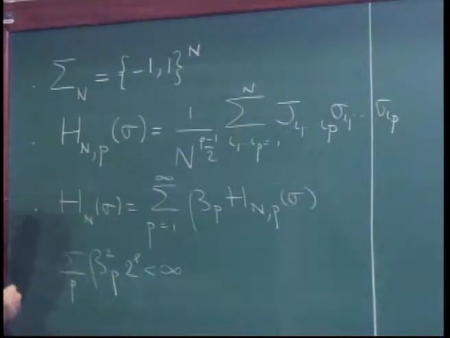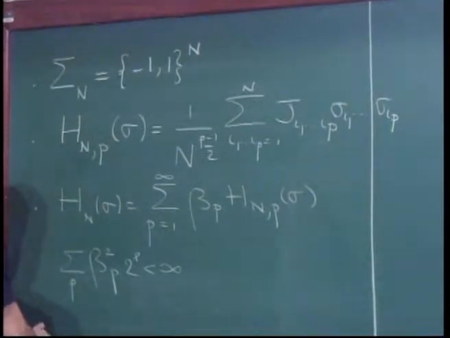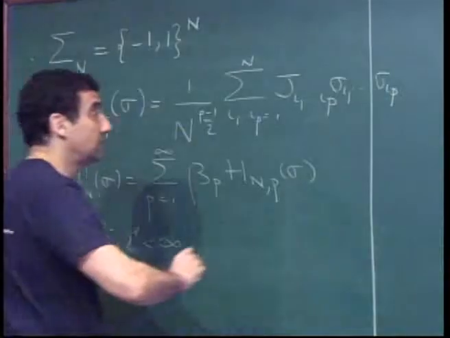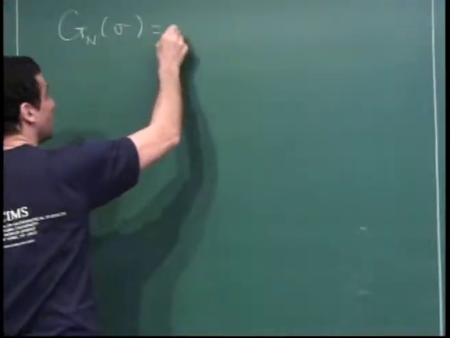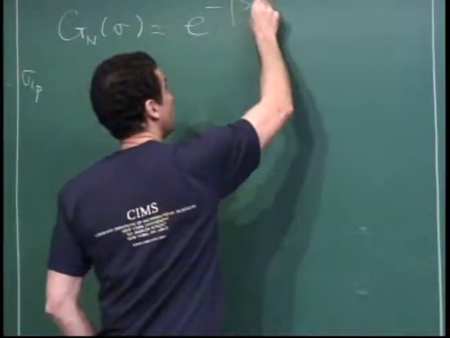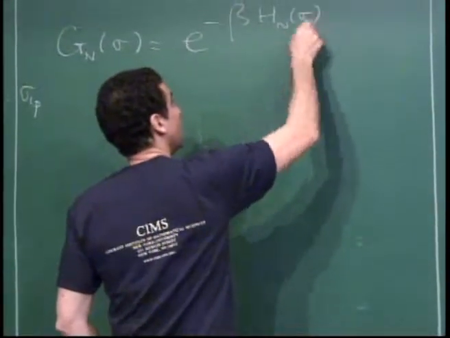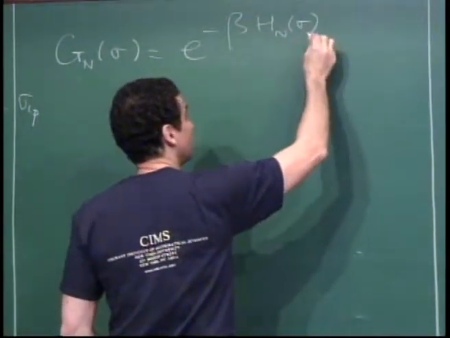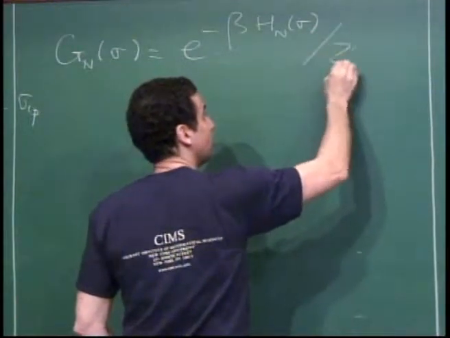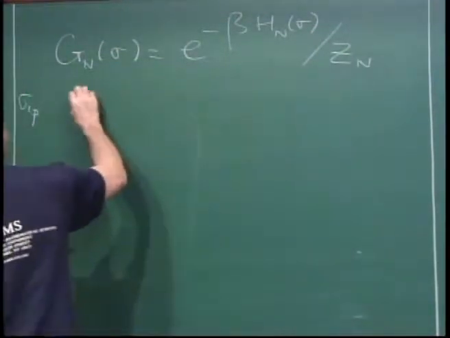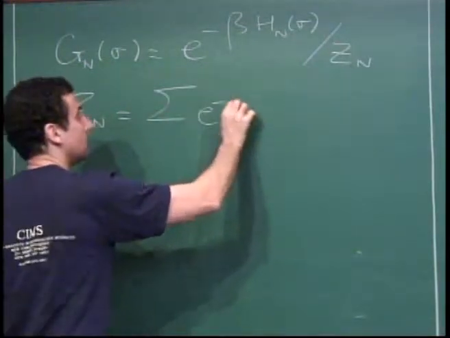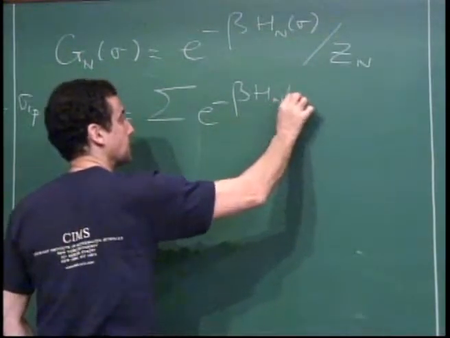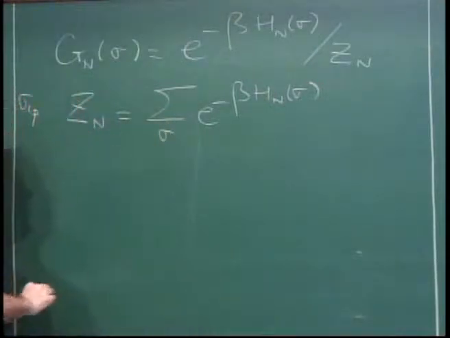And then the Gibbs measure is just given by exponential of minus beta H_n(sigma) at inverse temperature beta, normalized by Z_n, where Z_n is the partition function, which is just the sum of these over all possible sigma, the 2 to the n configurations.